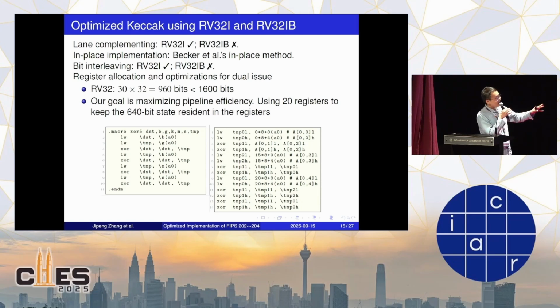The right side is our implementation. Now we can see the data read from line 1 and line 2 will not be used until line 7 and 8, so to reduce the RAW hazards. So our implementation will be more pipeline efficient.